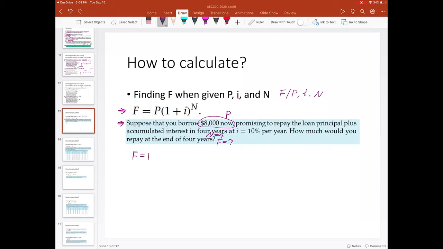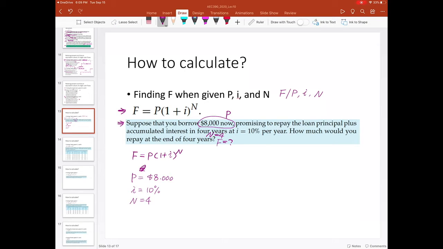Let's use this equation. F is P times 1 plus I to the power of N. What is P? P is 8,000. I is 10%. N is 4.